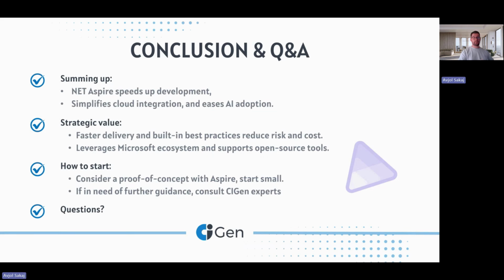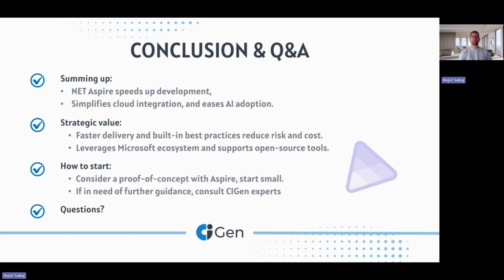Pretty much in closing, .NET Aspire aims to transform how your team builds software. It aligns with business priority, acceleration and innovation, especially for AI-driven features, and moving security into cloud infrastructure like Azure or AWS is easy.